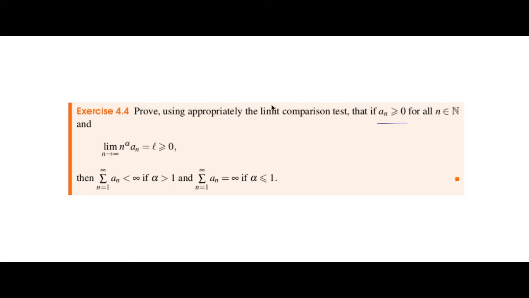Okay, it won't take you long. Just using the limit comparison test, you think a bit about this and about the examples that we have seen about the Riemann series, and then you will have a result.